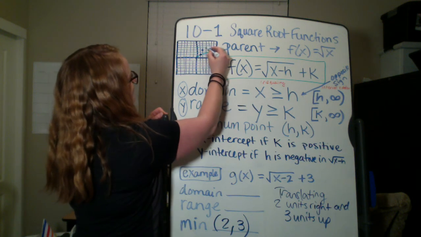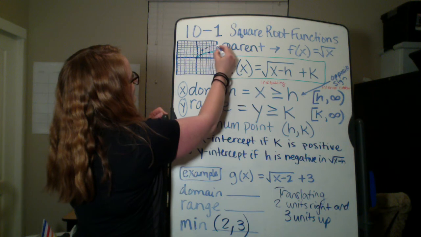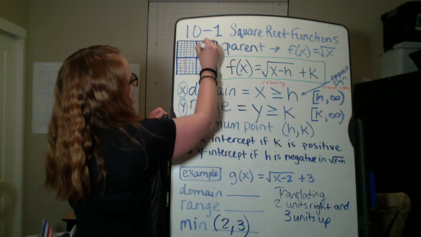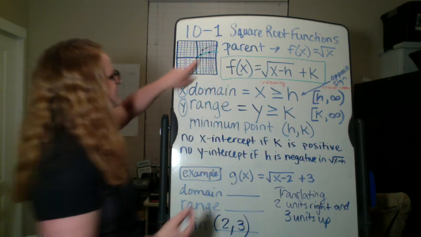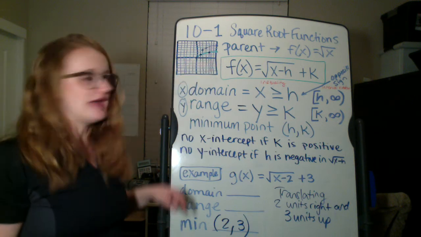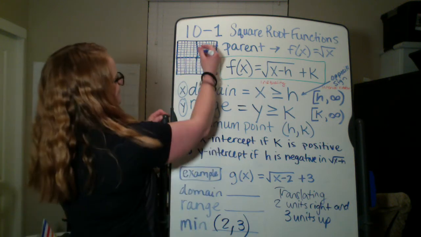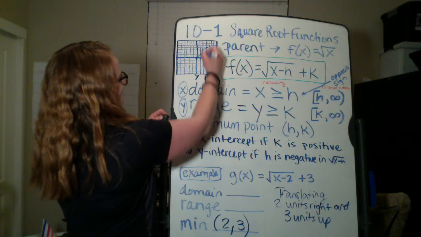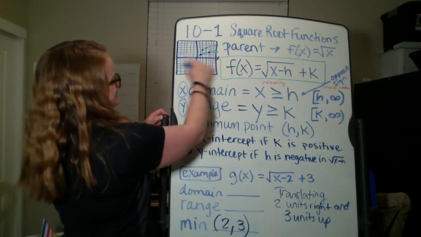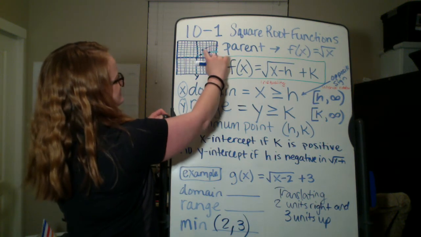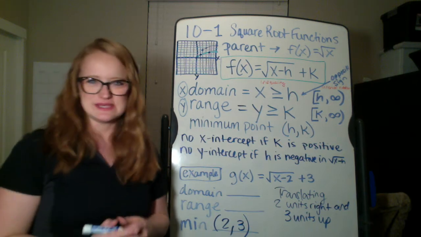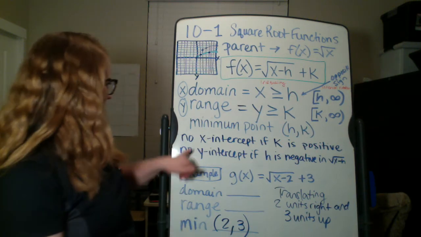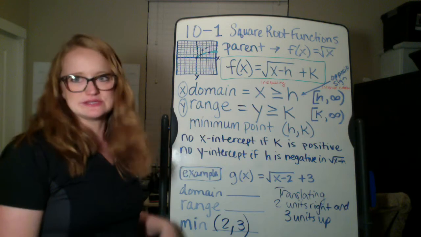And then it would have this same curve, but the minimum point would be here. And as you can see, this graph is above that graph, and it's way away from the y-axis and the x-axis, and this new one doesn't cross either of those. So that's what I mean about no x-intercept, no y-intercept.